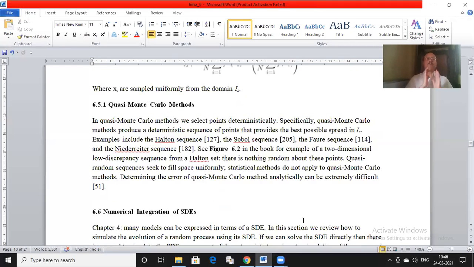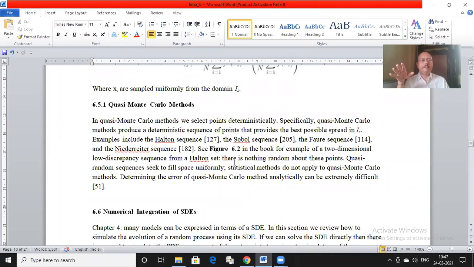Okay. So there are variants to the typical Monte Carlo methods, and one typical variation is called quasi Monte Carlo methods. What is that? In the true Monte Carlo method, we sample uniformly from the domain, from the unit cube or whatever is the relevant domain. In a quasi Monte Carlo method, we select points deterministically.